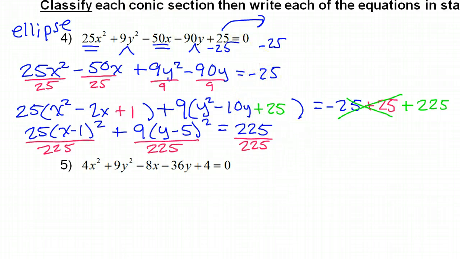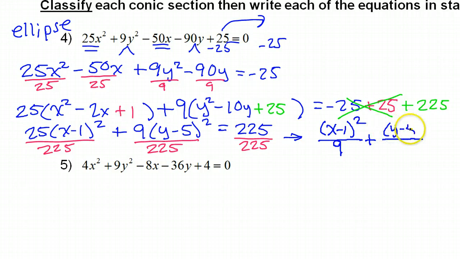So when I rewrite the equation, this is going to become x minus 1 squared over 9. All right, that means 9 must go into 225 25 times. So I will have y minus 5 squared over 25. And of course, that is equal to 1.